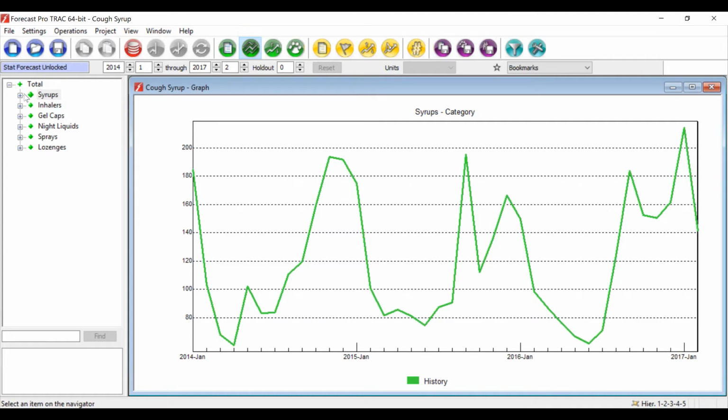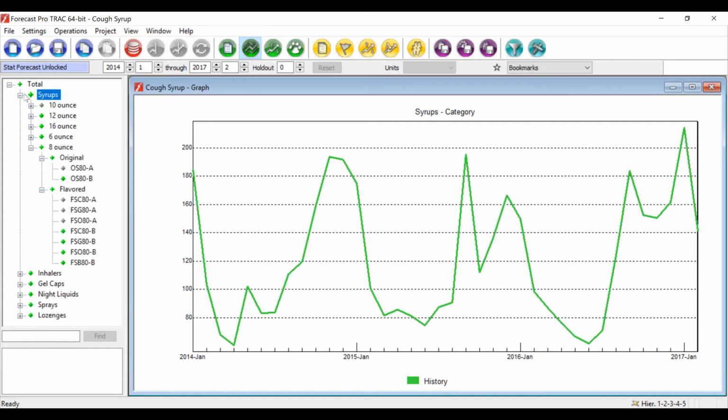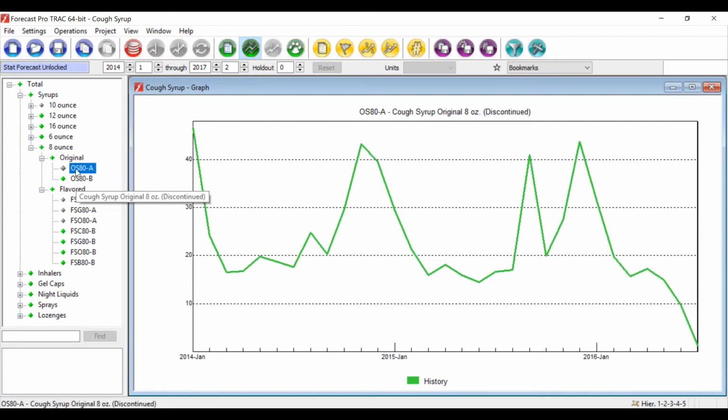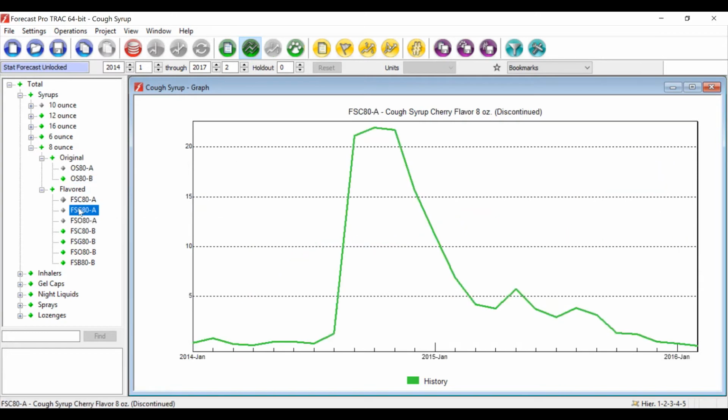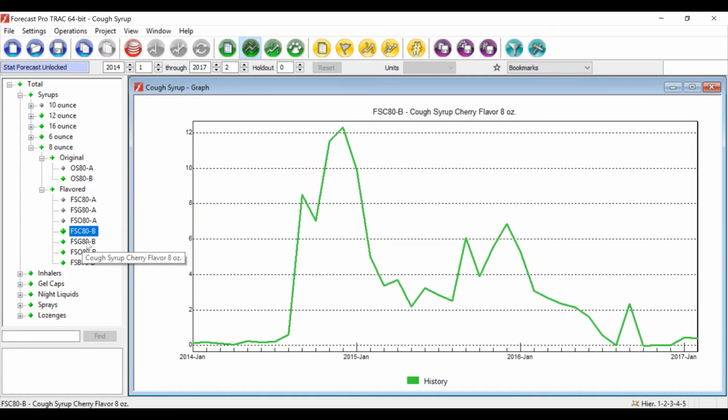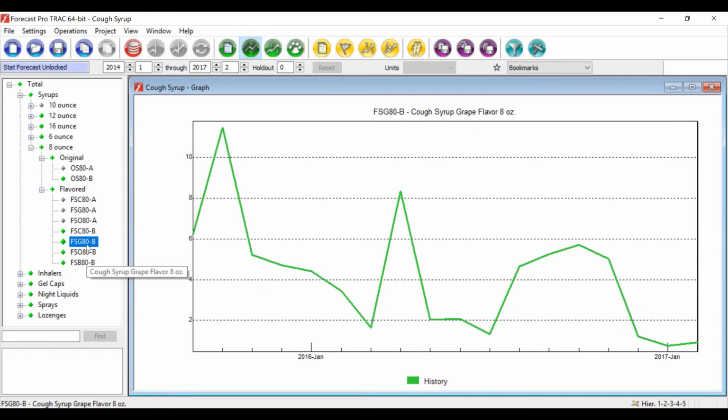And we're going to dive into what is making up this cough syrup product group. And what you can see here is we have different sizes and we have some different flavors. If we go through some of these items, this is an 8-ounce size that has been discontinued. It was replaced by a new 8-ounce size. All of the grays represent discontinued items, while all of the green is new items.